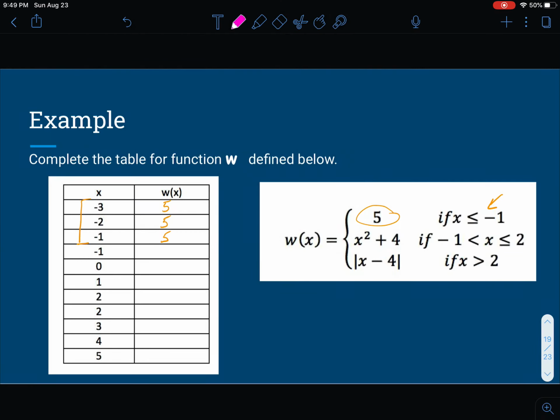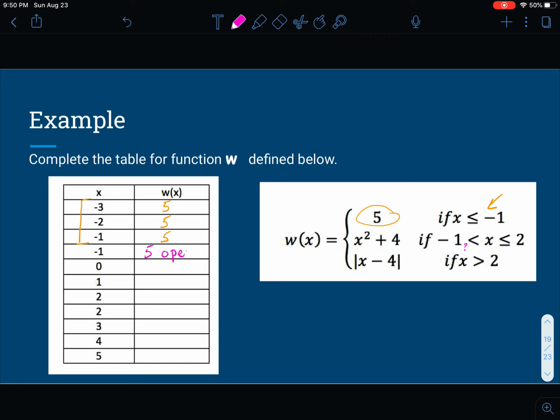Okay, for the next one, I did include -1. Now, it's a little confusing because it doesn't say -1 belongs here, and it does not. But we want to know, where can I plot that open circle? So we're going to plug that into this second function. -1 squared is 1, plus 4 is 5.